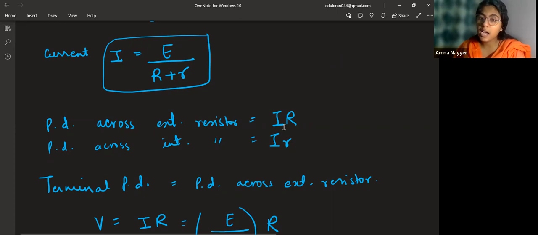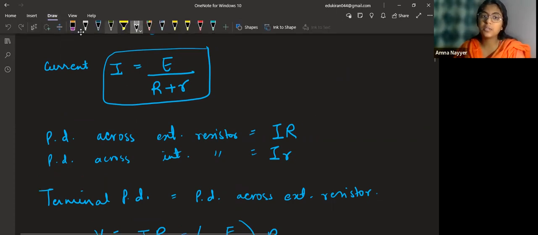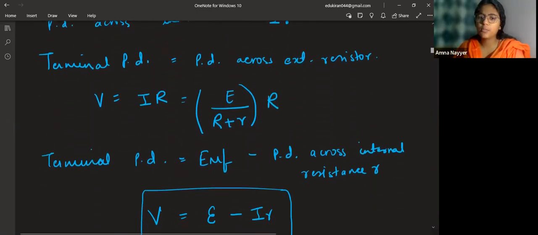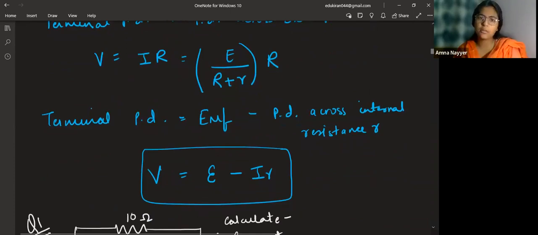If you are asked to calculate the potential difference across the external resistor and the current is known, simply use I into R. And if you know the internal resistance of a cell is r and the current is I, and you are asked to calculate the potential difference, use I r. That is also fine. And then there is the formula V equals E minus I r. From here you can put I as E by R plus r as well.